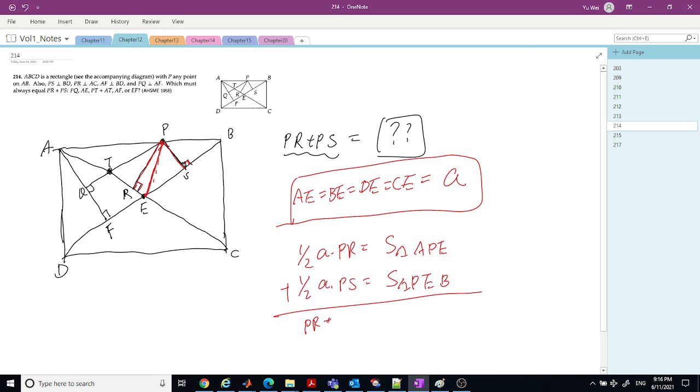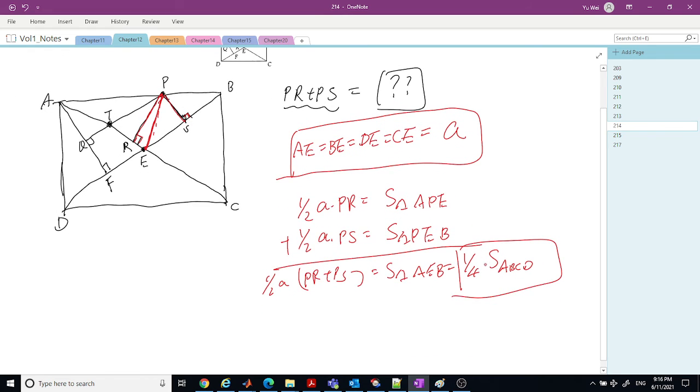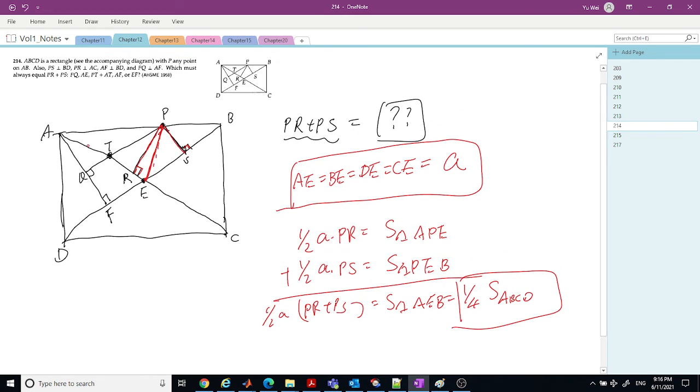So PR plus PS times half of A is equal to triangle AEB, which is 1/4 of the area of ABCD. Okay, so now for the rest, we want to see half of something is equal to 1/4 of the area, right? Now let's see the PQ. Okay, let's see the AE.